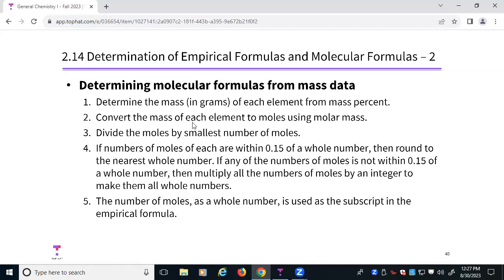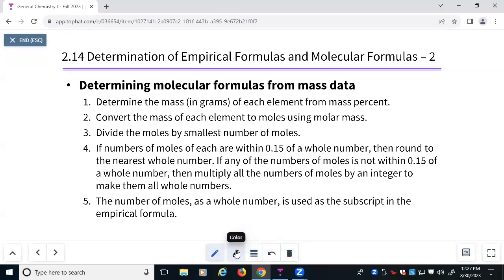The first thing that we need to do is turn the mass percent into a mass. Now, the way to do that is, since we are dealing with percent values, all that we have to do is turn those percentages and just change their unit to grams.